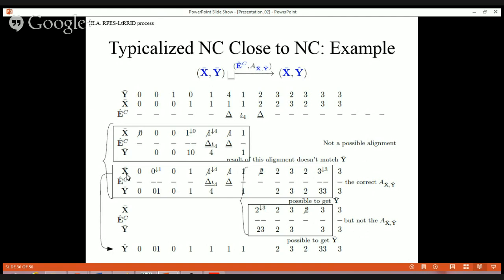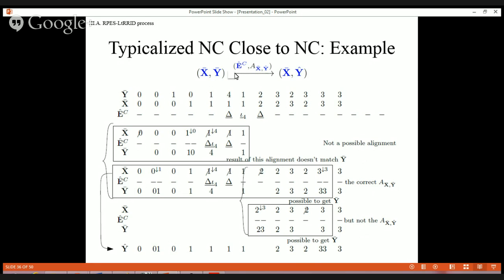So after successfully aligning X, E complement, and Y, we can eliminate those added indicated in E complement. And by eliminating this added, we will get Y hat.